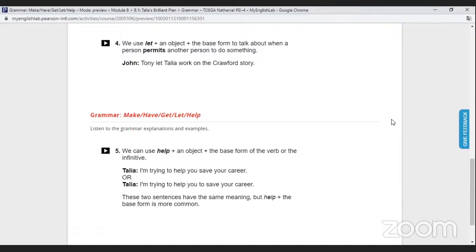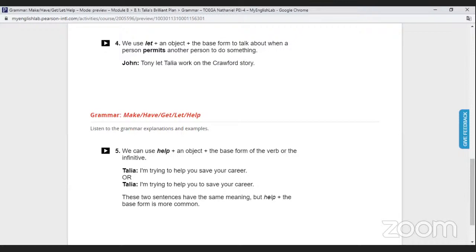So don't forget these structures that in some cases you can use with this, right? It's correct if you write it with to, or if you skip it, it's also correct, but with help. With let, don't forget, let plus object plus the verb in the base form.